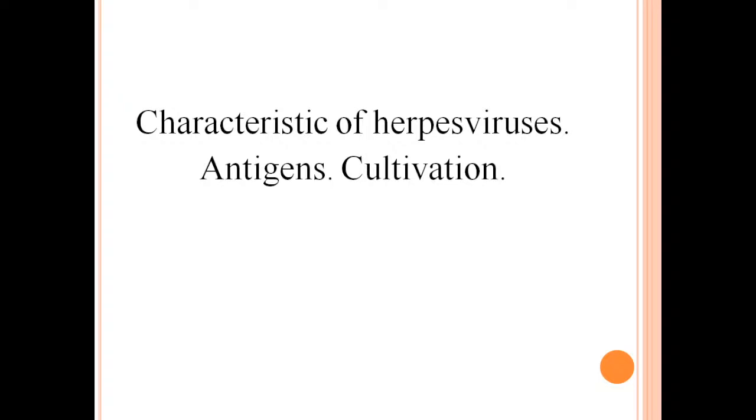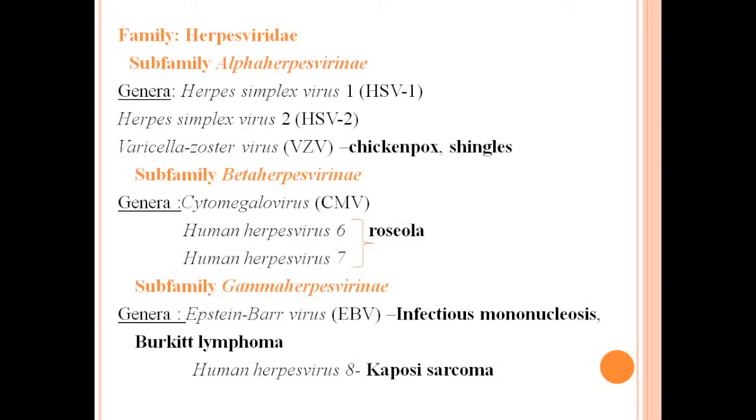The first group of viruses that we will talk about are herpes viruses. Characteristic of herpes viruses, antigens and its cultivation. Firstly, we should talk about its taxonomy, its Latin name. Herpes viruses belong to family Herpesviridae, and there are three subfamilies.